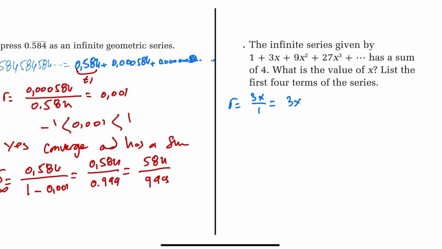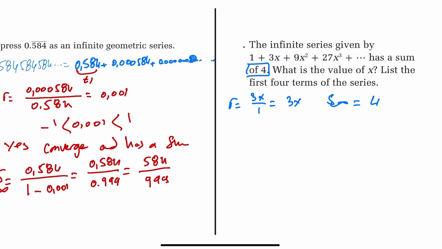Now, they said this is an infinite geometric series that converges to a sum of 4. So my infinite sum S is 4, and my R is between -1 and 1.